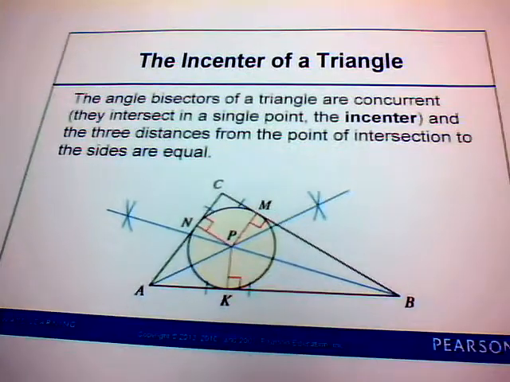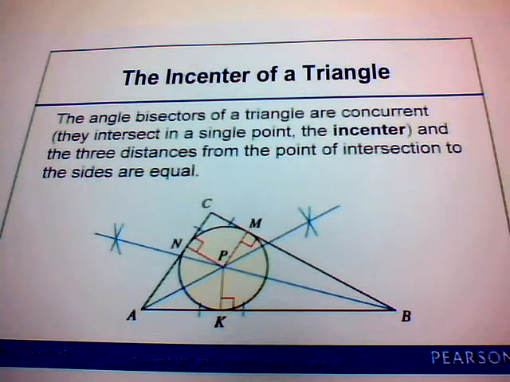Okay, now here we're going to talk about the incenter of a triangle briefly. The angle bisectors of a triangle are concurrent, meaning that they intersect at a single point, and that point of intersection has a special name called the incenter. And those three distances from the point of intersection to the sides are equal.